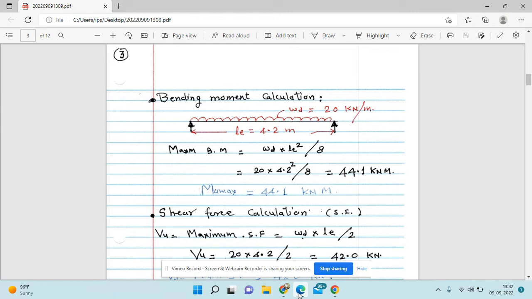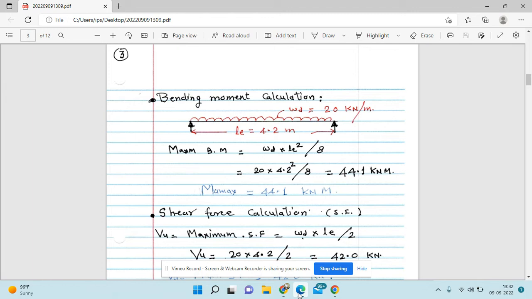Substituting the value for design load and LE, the maximum bending moment, that is Mu max, is calculated and it comes out to be 44.1 kilonewton meter.